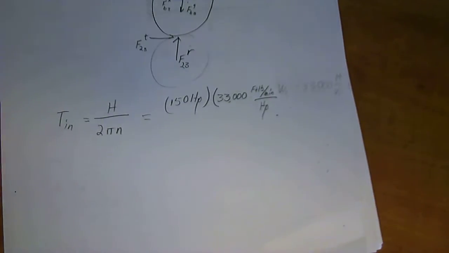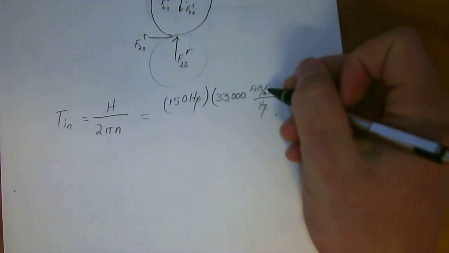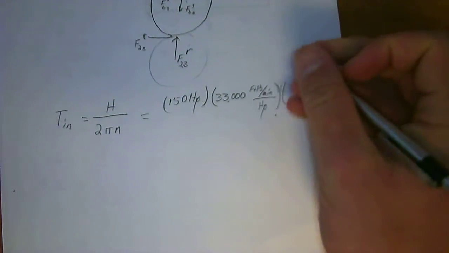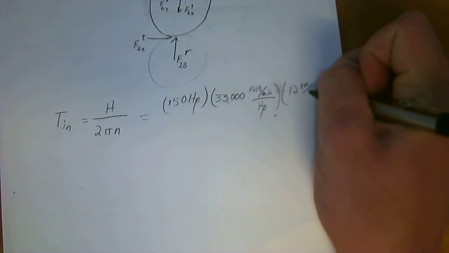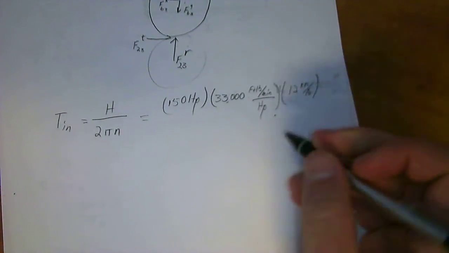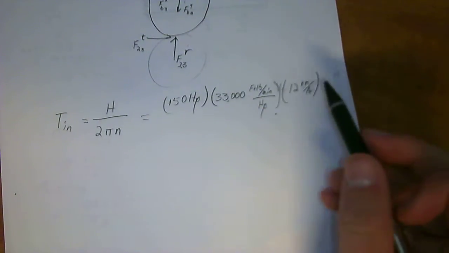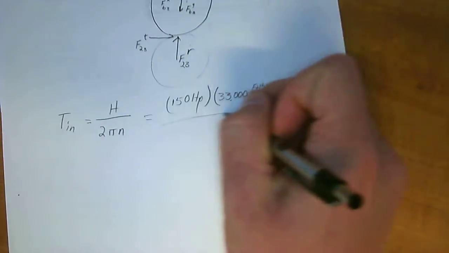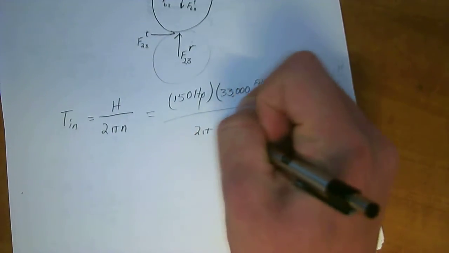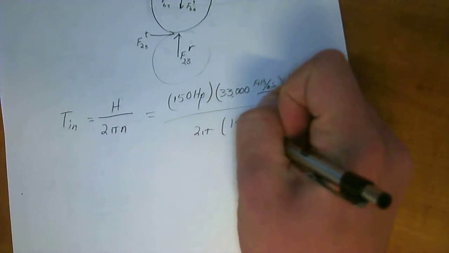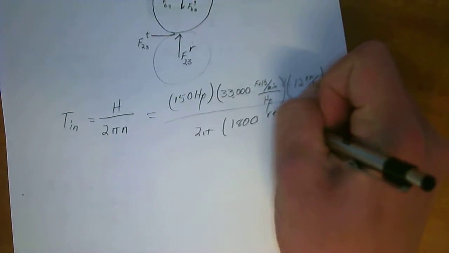And then you multiply that, you have foot pounds per minute, but you need it in inches. So we multiply 12 inches per foot. So now that we have inch pounds per minute per horsepower, and then you go 2 pi times 1800 revolutions per minute.